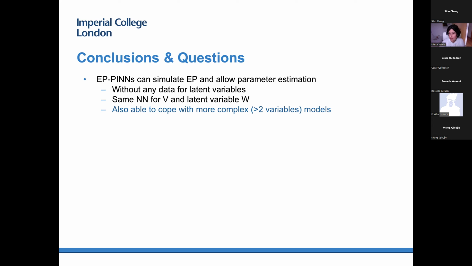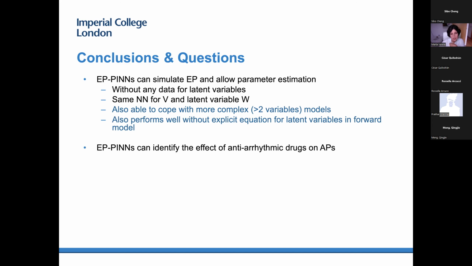Recapping what I've just said, that allows you to identify which of these channels the drugs may be working with. We also found that it doesn't need to know the equation even for W. It performs well if W is a freely varying variable too. I can talk more about this later if you're interested.